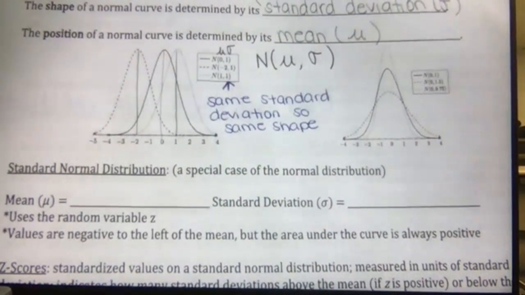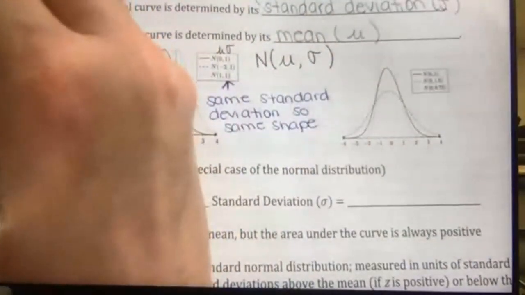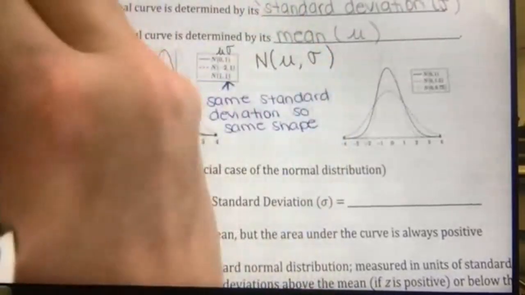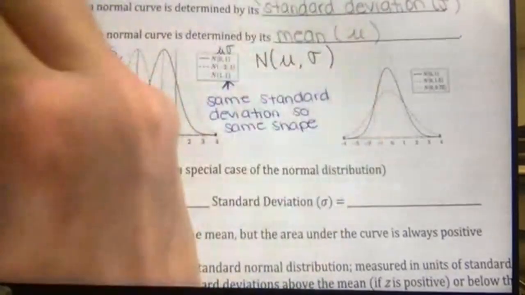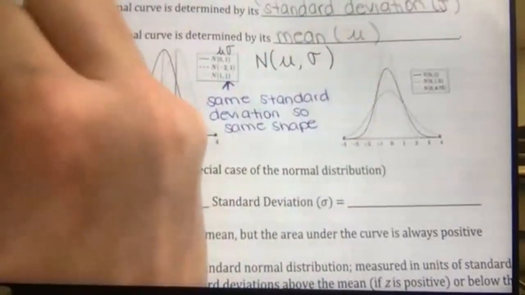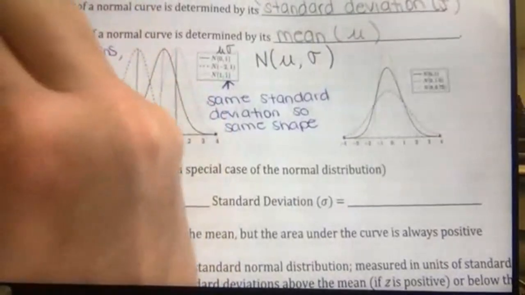It changes our position. So we have different means, so we have different positions. Different positions just means it's shifted left and right.